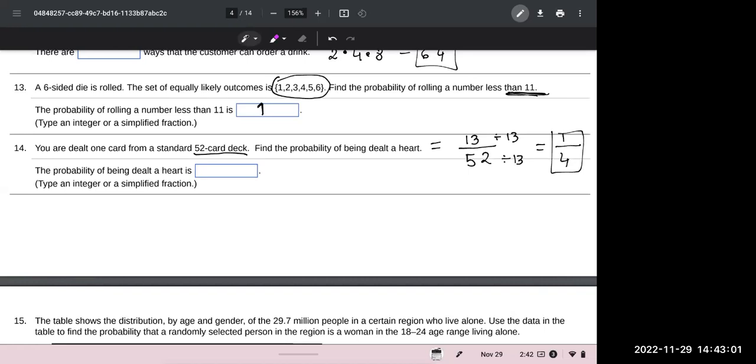Okay, if you struggle with simplifying fractions, on calculator you will type 13, then press division, divide by 52, you will hit enter.